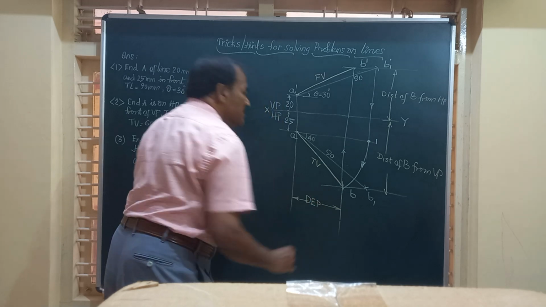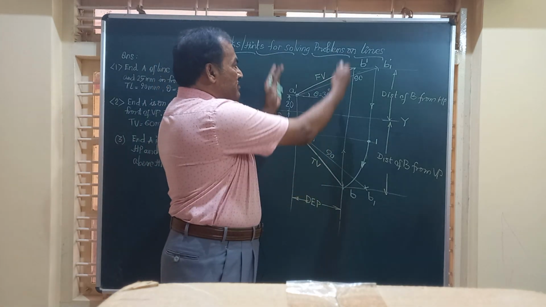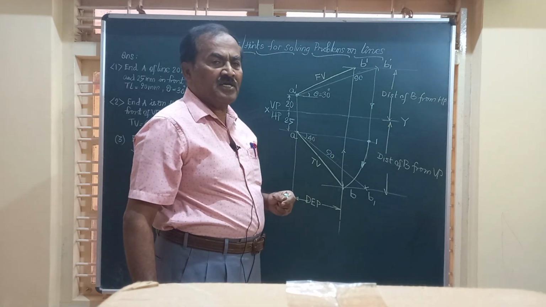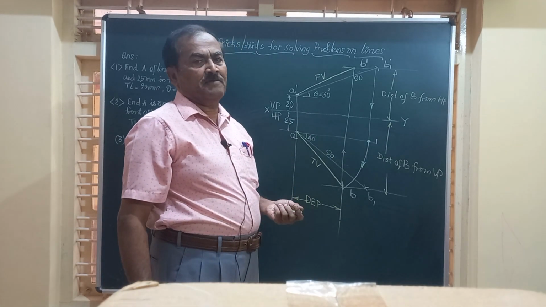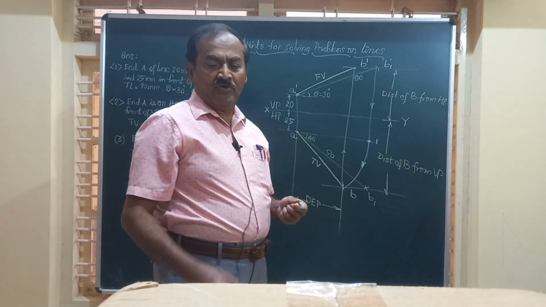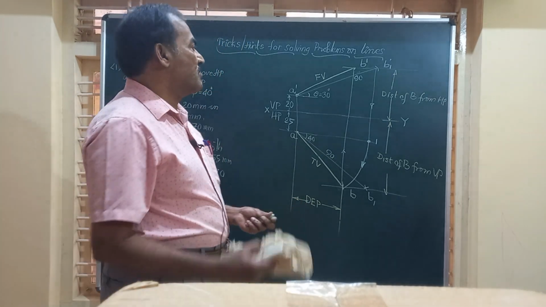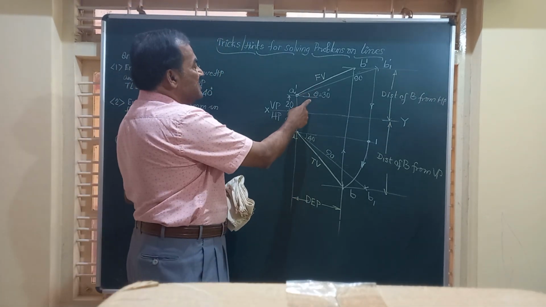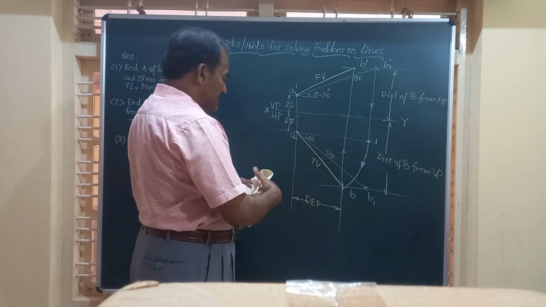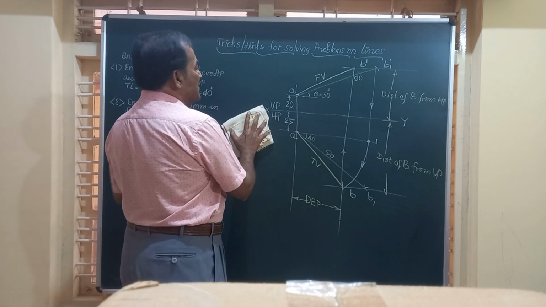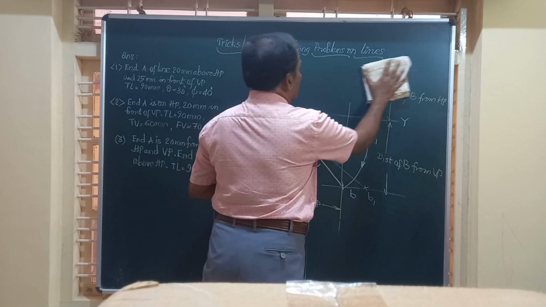DEP means distance between end projectors A dash A and B dash B. Friend, this is how we solve the problem when the true length and the inclination of the line with HP and VP are given.